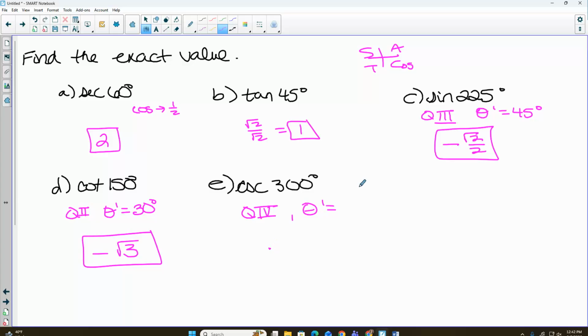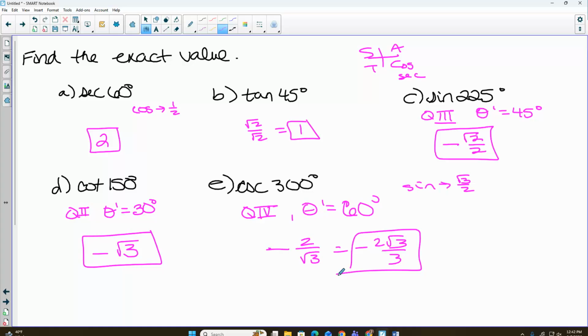So cosine and secant are positive, so that means cosecant's negative. Reference angle 360 minus 300 is 60. So I do my hand trick for 60. If you need to, think about sine. Sine is radical 3 over 2, so cosecant flips it. 2 over radical 3, or negative 2 radical 3 over 3.